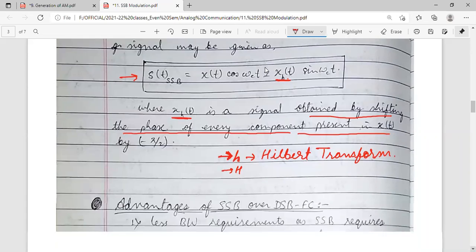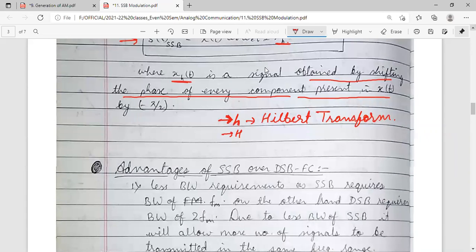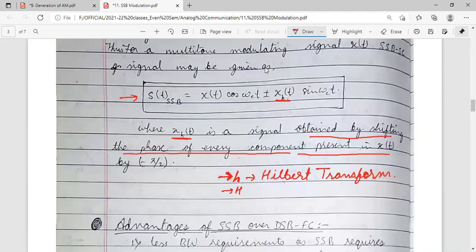What we can see here is that the SSB-SC signal can be obtained just by giving a phase shift of minus pi by 2 to every frequency component of the modulating signal. You can understand this by a block diagram of generating SSB-SC, which we will see.